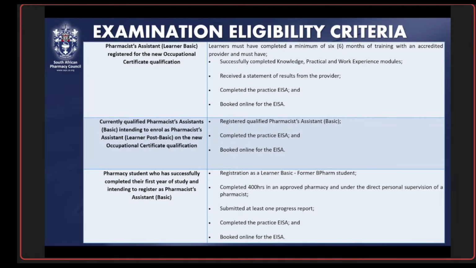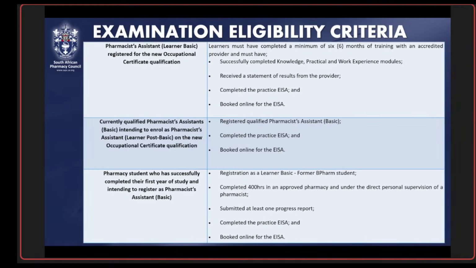And if you're currently registered as a qualified pharmacy assistant basic intending to enroll as a pharmacy assistant learner post basic on the new qualification, you must obviously have been registered as a qualified pharmacy assistant basic. You must complete the practice EISA, book online for the EISA and pay the applicable fee.